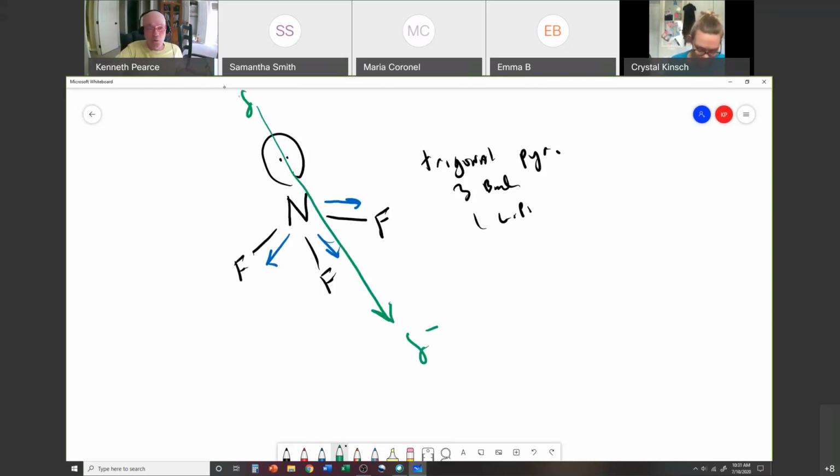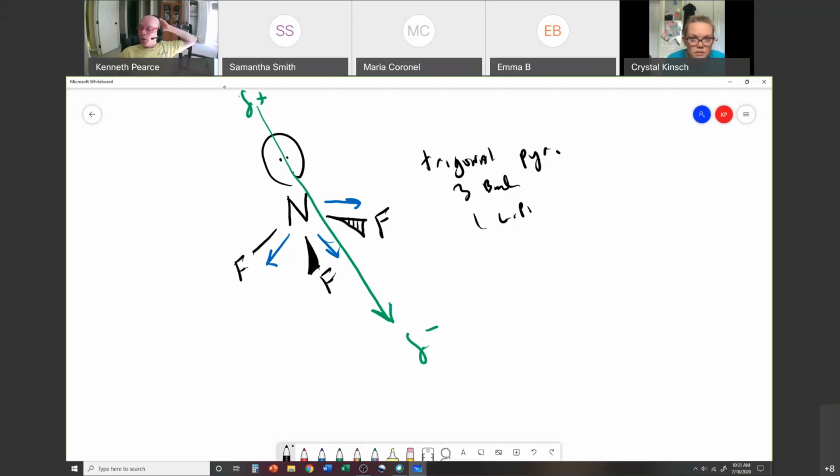And so if you have a negative on one end, you've got a positive on the other end. So it's actually going down the middle between those fluorines. Let's make this a little bit more three-dimensional. These would be poking out of the board, this would be in the board, and the other fluorine would be on the board. So it's going down right through the middle of them.